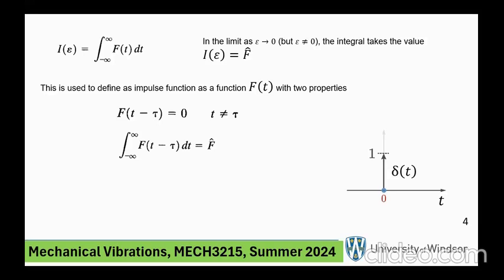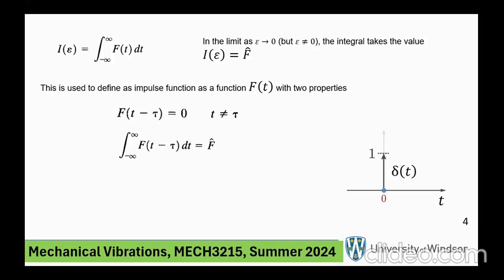But the area under this fictitious function that you're inventing is, in general, f hat, or for my particular interest, I'm assuming that f hat is 1.